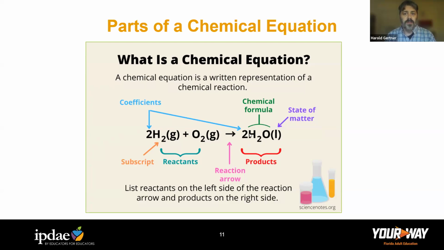Oh, there's H2O. You can talk about the 2 being a subscript, as they mention over here, that tells you how many of those hydrogen atoms there are, whereas the 2 in front would tell you, if we were looking at the products here, how many molecules of water there are, right? There's 2 hydrogen atoms and an oxygen atom joined together, and then there's 2 of those groups. I've got another little picture to share with you in a minute, or you can draw out examples of that as you go.